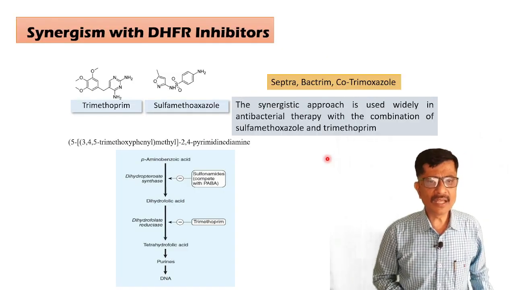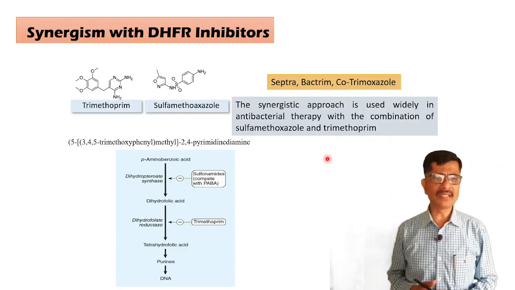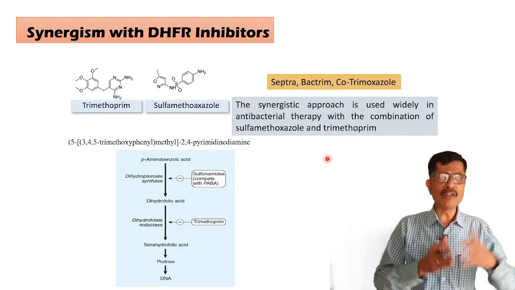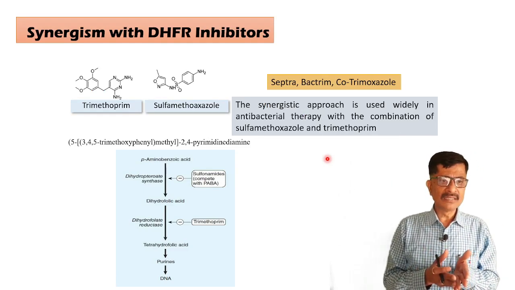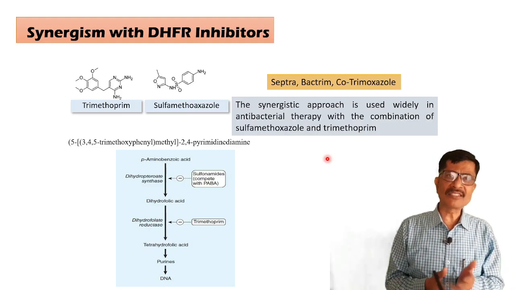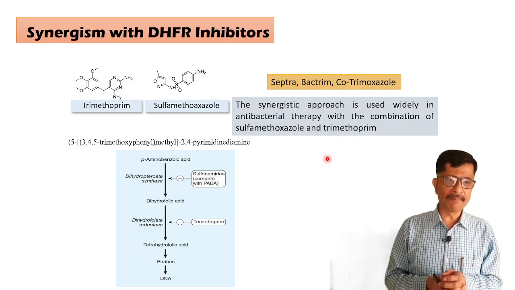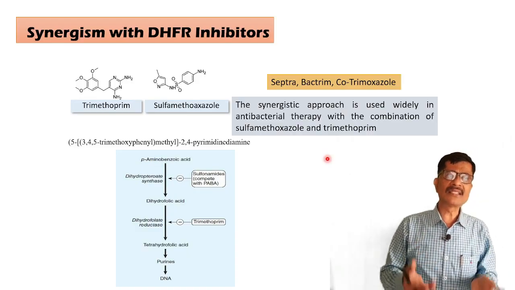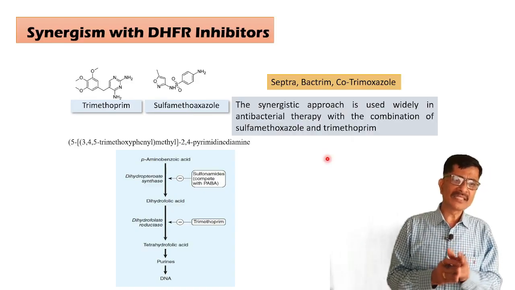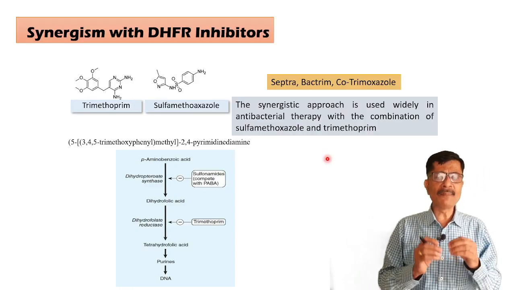Now here, as earlier I quoted, sulfonamides are combined normally with a diaminopyrimidine class of compound like trimethoprim to show the synergistic effect. The best combination available is trimethoprim and sulfamethoxazole.